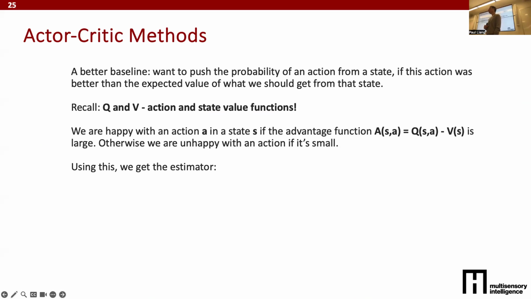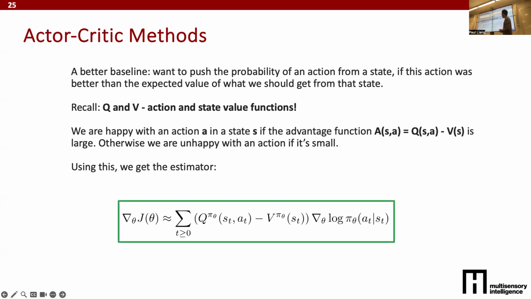If A of S, A is small or negative, we're very unhappy with the action because it gives us negative long-term reward. So that gives you this new estimator by essentially, again, maximizing log probabilities of the actions in your sequence, but now scaled by this advantage function. So how much better Q of S, A is as compared to the baseline V of S.